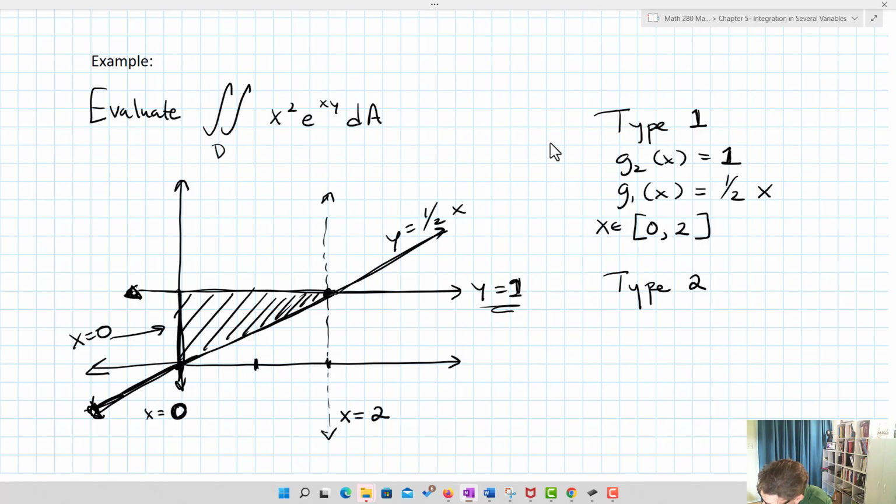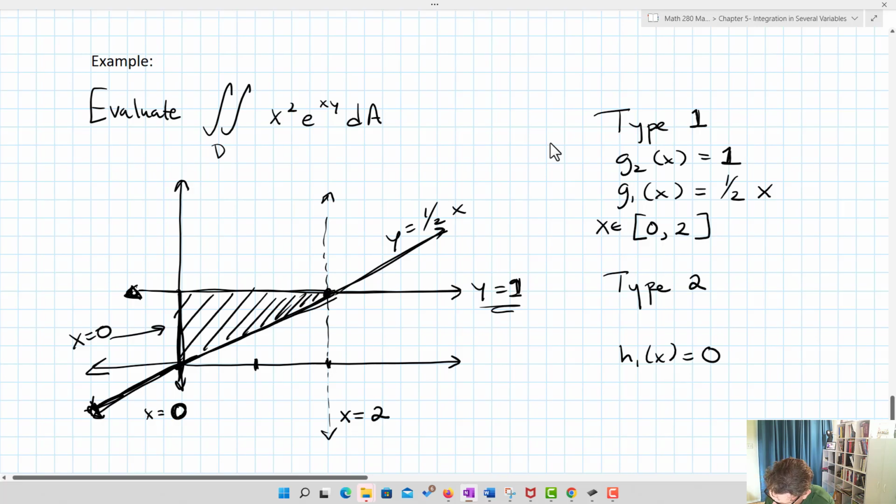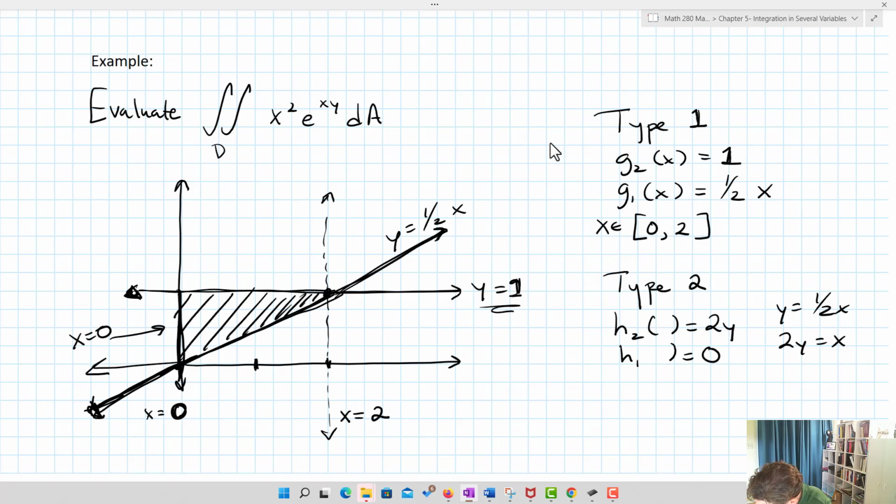So the function that's closest to the y-axis is going to be our h1, the one closest to the y-axis, h1 equals 0. And then our top function, we take y equals 1/2 x, we get 2y equals x, so it's going to be h2 equals 2y. Or excuse me, these are both functions of y, pardon me. So h2 of y equals 2y, h1 of y equals 0.